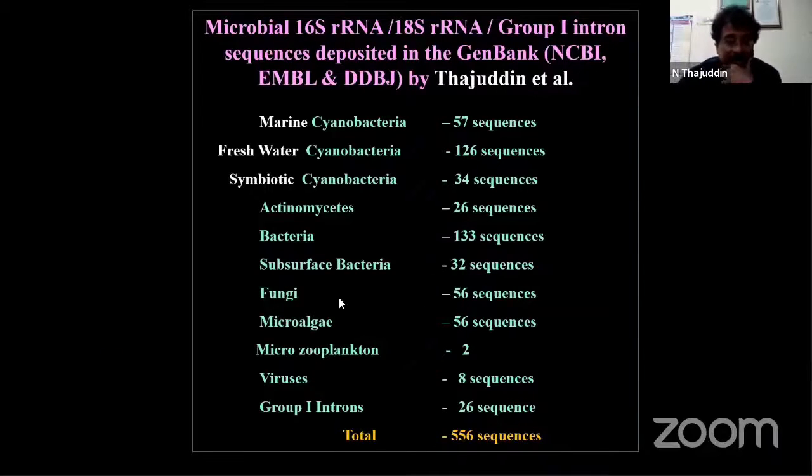So this is really unique. And also fungi, microalgae, microzooplankton, viruses, and group 1 introns. Totally 500 - it is somewhat of an old slide. Now we have 594 sequences deposited in GenBank. Now we are trying to convert these sequences into barcodes.